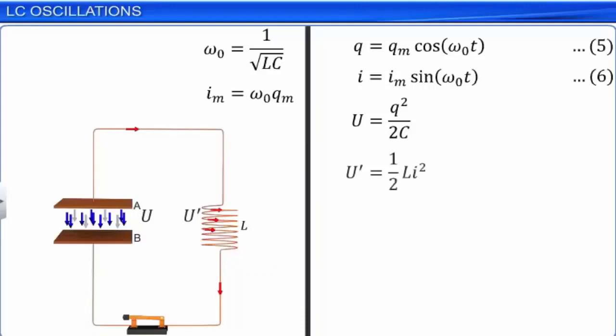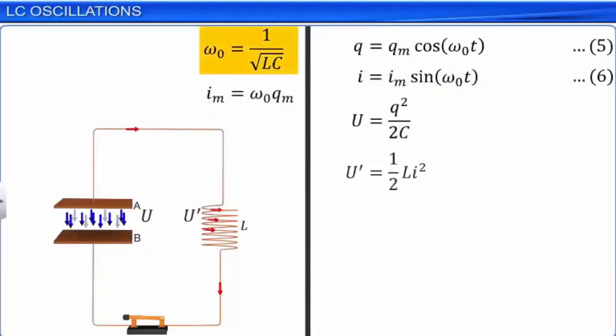The current I is equal to Im sin omega naught t, where Im is equal to omega naught Qm, and omega naught is equal to the square root of 1 by LC. Rearranging omega naught in the expression, we get L is equal to 1 by omega naught square C.